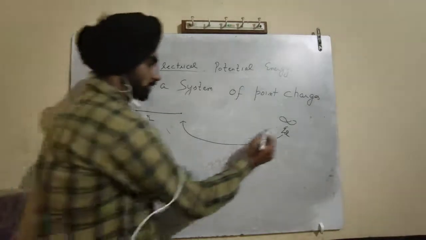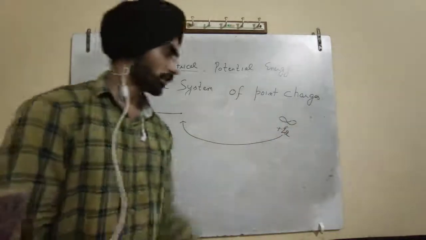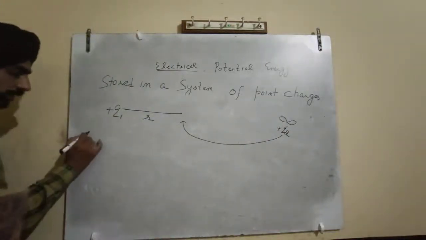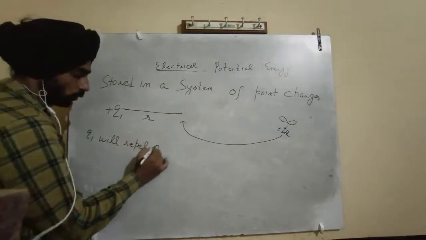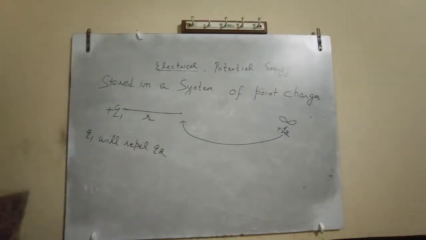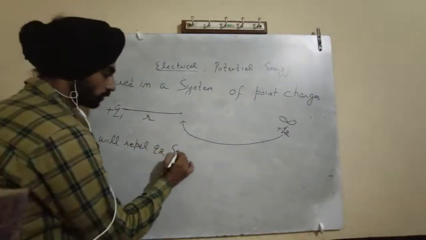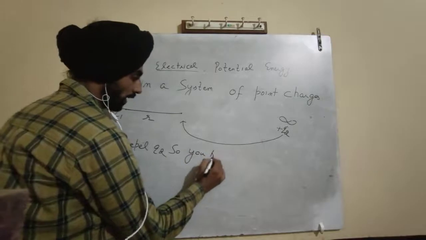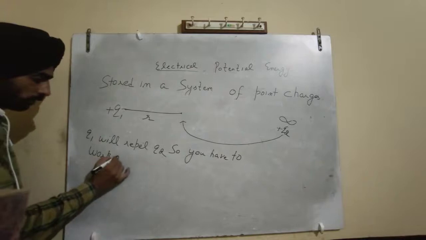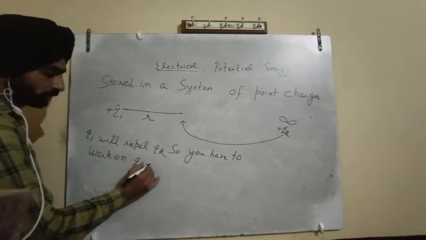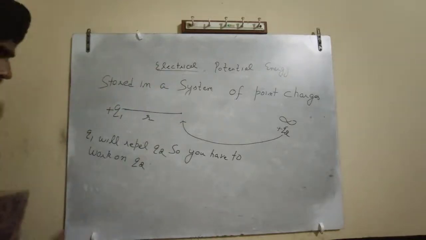It is also a positive charge. Q1 is a positive charge and Q2 is also a positive charge. Q2 is at infinity. Q1 will repel Q2 in this direction, because like charges repel. So you have to do work on Q2, and this work will get stored as potential energy of the system.